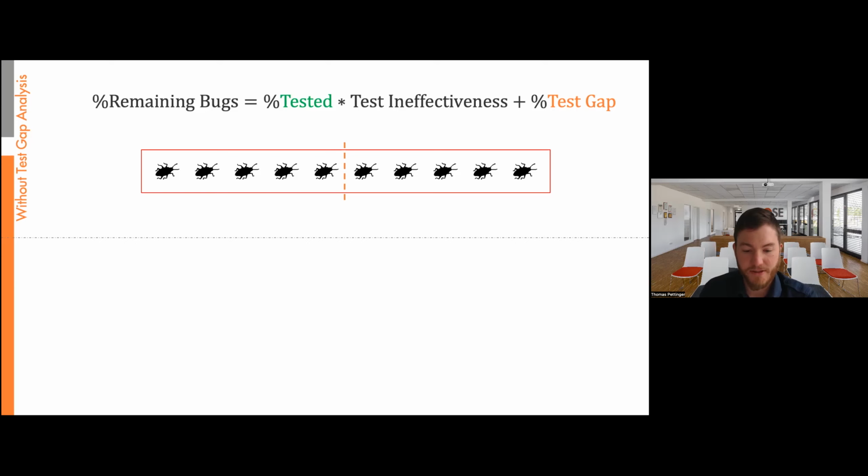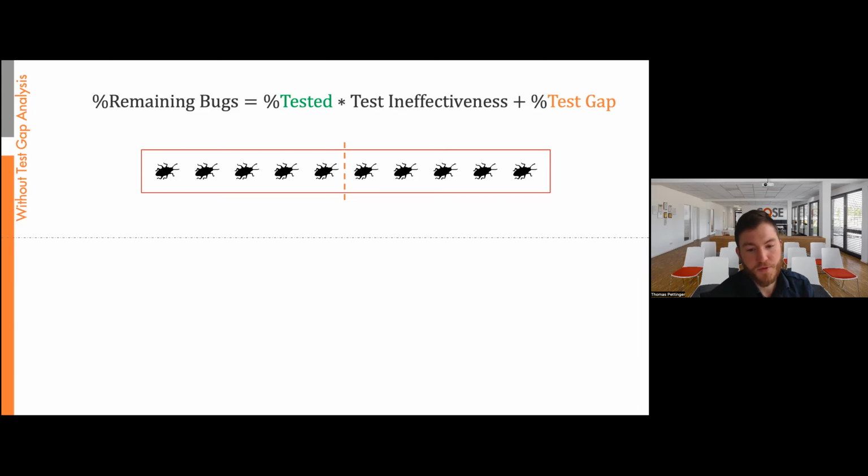So how many bugs are in these 50%? Well, that of course depends on how the bugs are distributed across the system. And so we could assume that there is a uniform distribution of the bugs across the entire system. And of course, that would be an assumption, which can be true, but might not be.